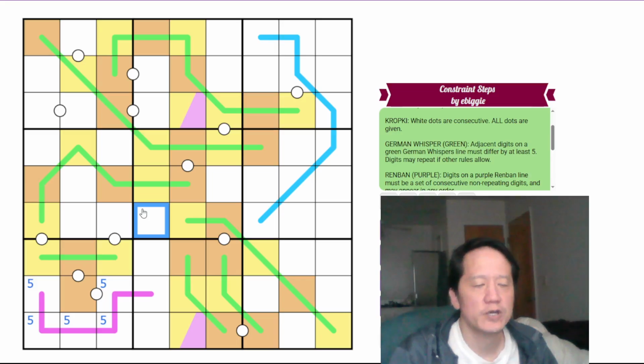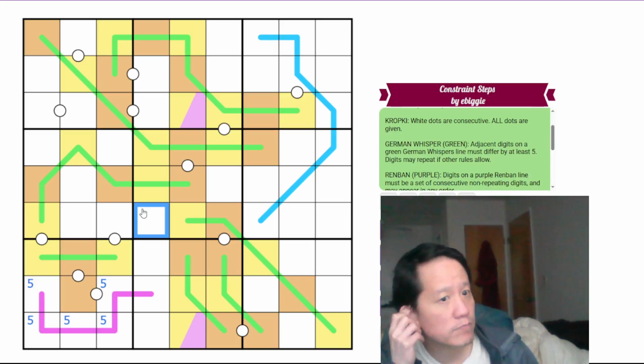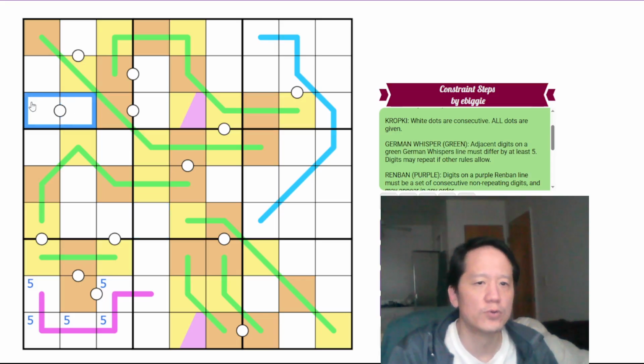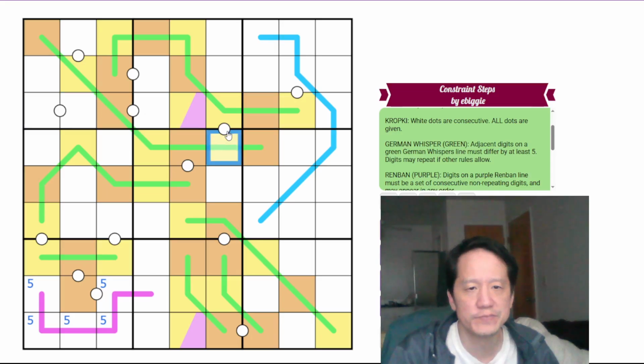What else do we have? We know these cannot be 2 oranges, because if they're 2 oranges, there would be 5 oranges here. One of them could be an orange, though.